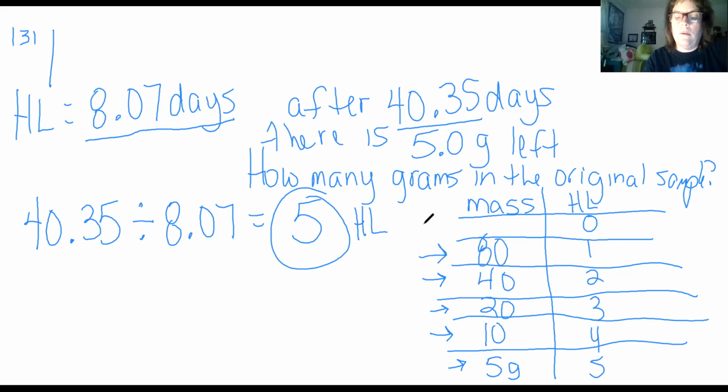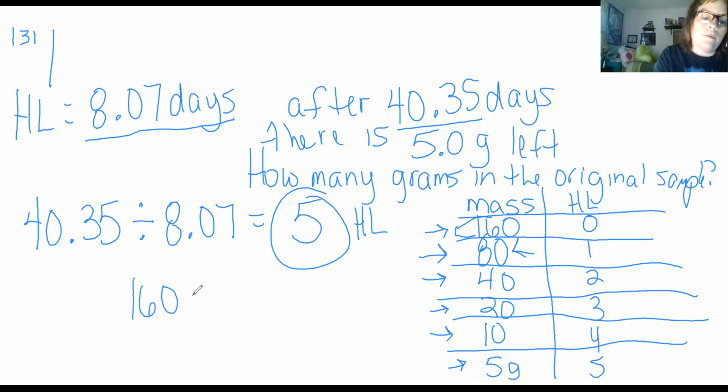That's 80. And what divided by 2 gives you 80? 160. Hopefully you know math, you could do that with your calculator too. So we had 160 grams of iodine 131 originally. That's your answer.